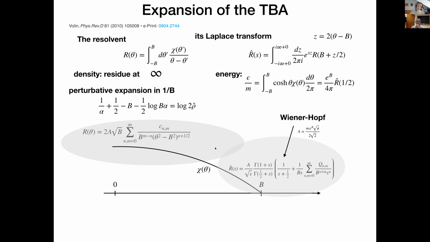And demanding that these two descriptions are equivalent to each other in an overlapping domain, you can get nested or recursive linear equations which can express the c and the q coefficients at the same time. So this leading piece will determine the leading c, which determines the next q, which determines c, and so on. So by this matching procedure, yes?